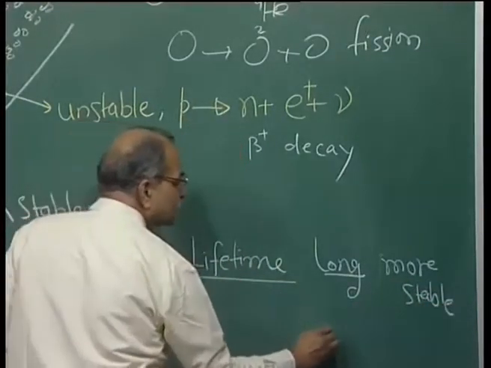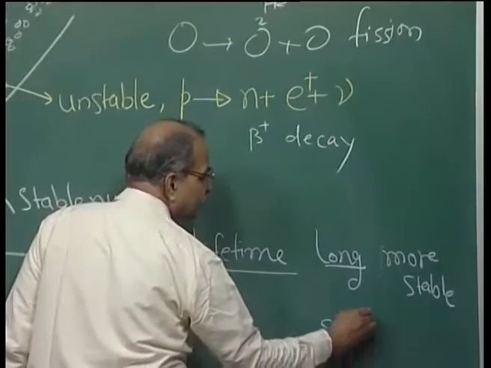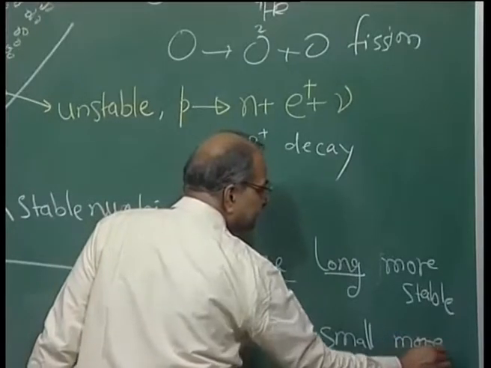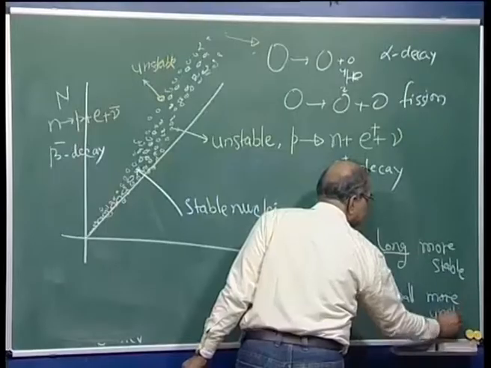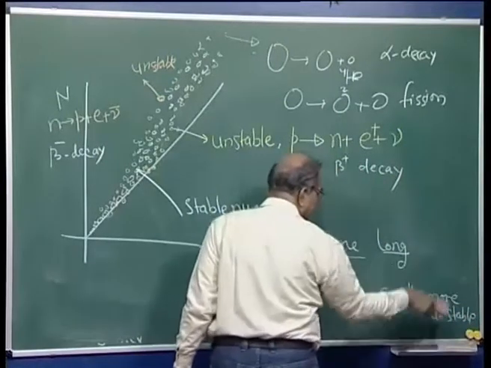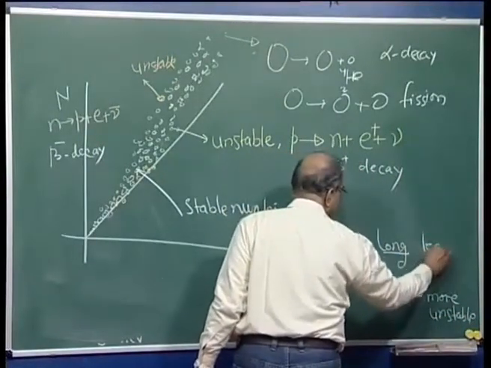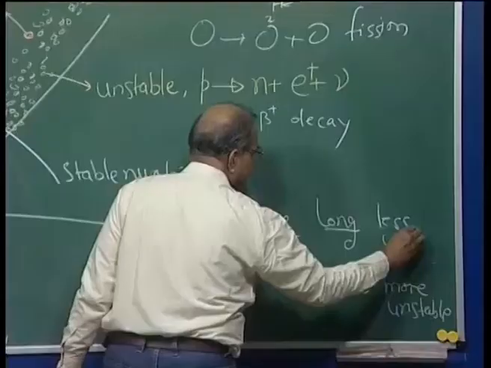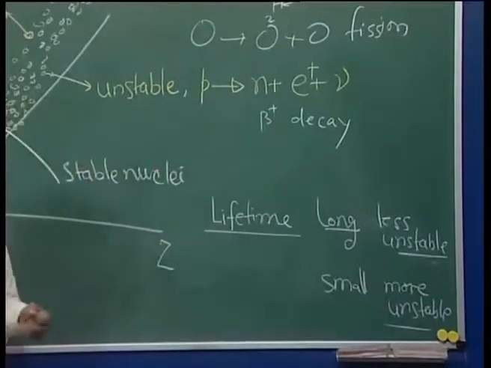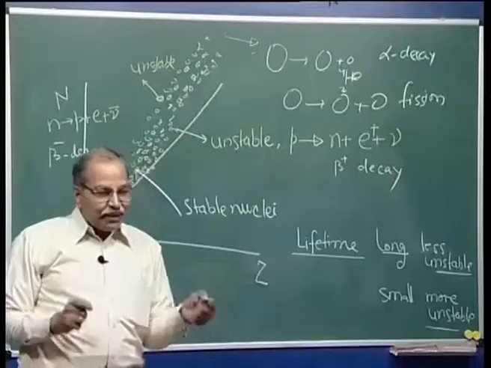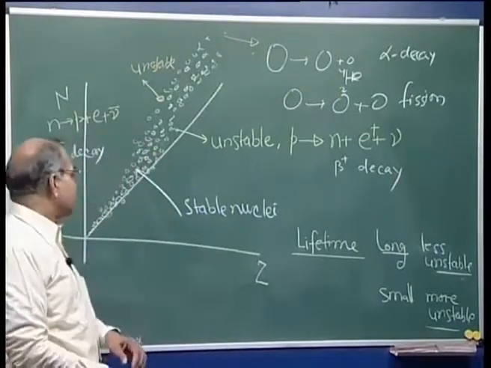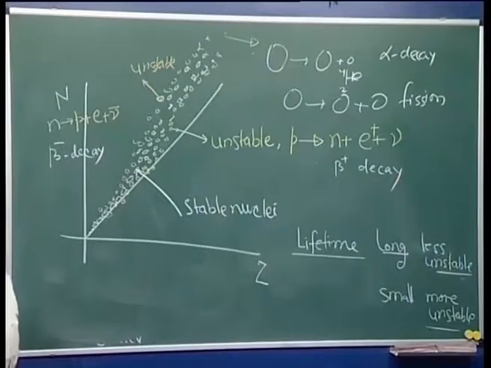And if the lifetime is small, these are all relative, so it is more unstable. Instead of more stable, let me call it less unstable. Okay. So, that instability can also be quantified a little bit, how unstable it is. Okay. So, that is from lifetime.